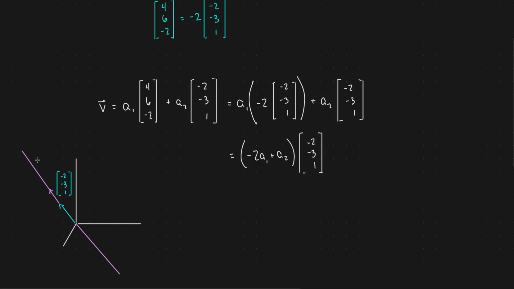By multiplying it by a positive scalar or a negative scalar, we just get a line. So this is going to describe a line in R3. So the vectors span a line in 3-dimensional space.